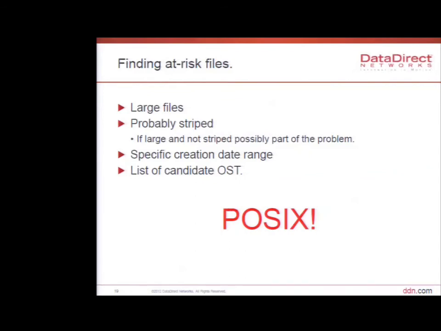But you need Robinhood to do that. And the people that have had this problem haven't had Robinhood, and retrofitting Robinhood to large, historic file systems is time consuming and not something we were able to do in these particular cases.